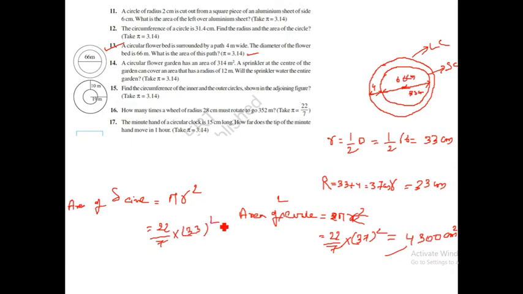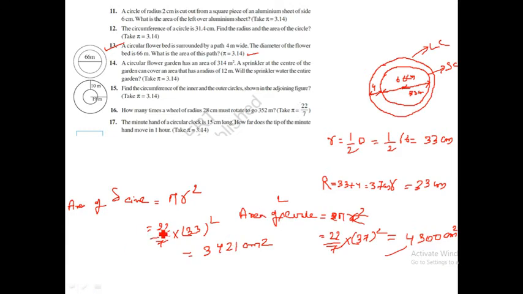On solving this further, pi into 33 into 33, we have 3421 square units. So this is the value. Now, what is the area of this path? That I can find by subtracting the area of the smaller circle from the larger circle.